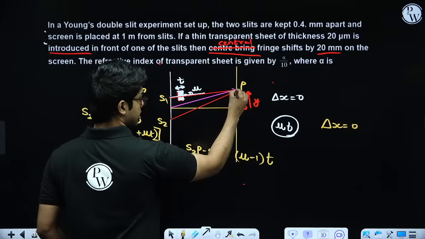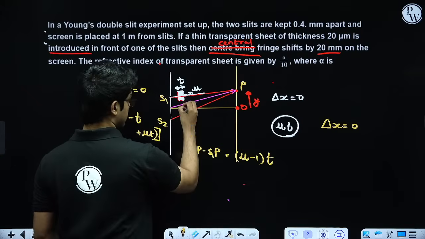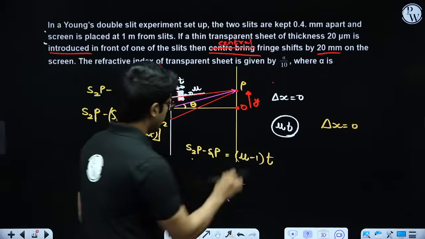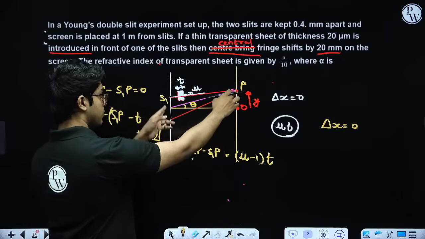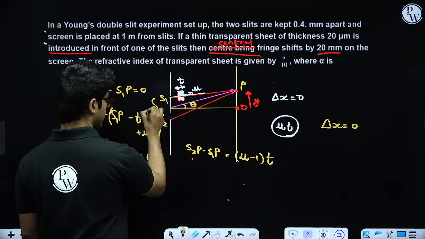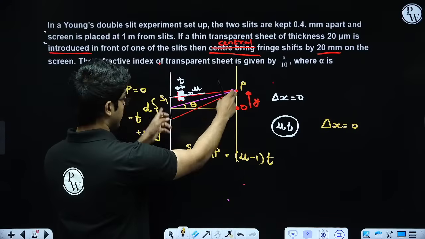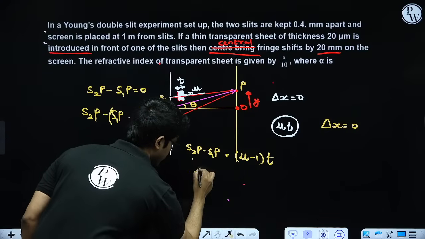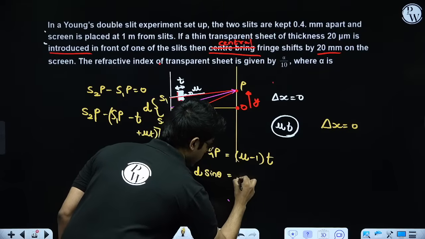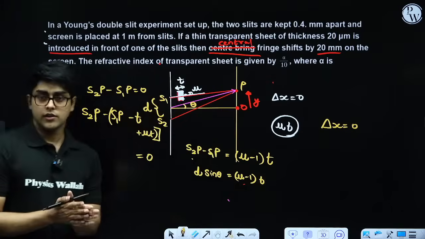So if we draw a line here, and if this angle is some theta, a very small angle usually, then we write this S2P minus S1P as d sine theta. So if this slit width is d, then S2P minus S1P is d times sine theta, and this will be equal to mu minus 1 into t.